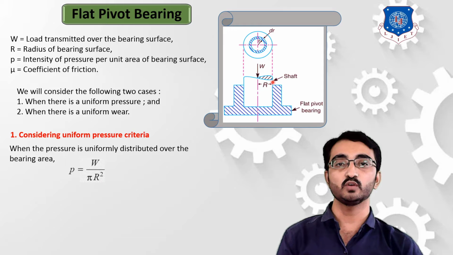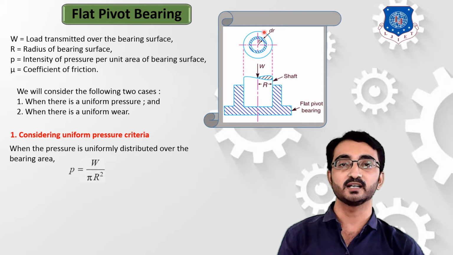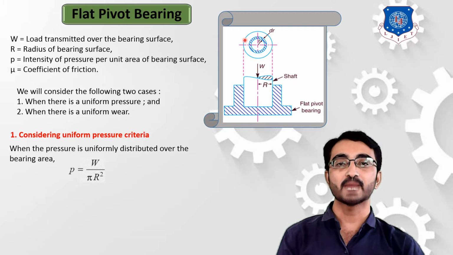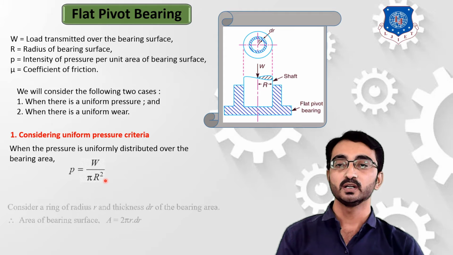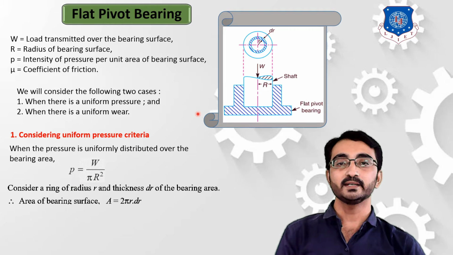Here the load which is acting on the surface is W, and the area is the whole circle, so the area of the circle is pi by 4 d square, or we can say pi r square. From this concept we can derive the equation that pressure is equal to load upon area. Now if you want to design a bearing, then you have to consider a small segment.